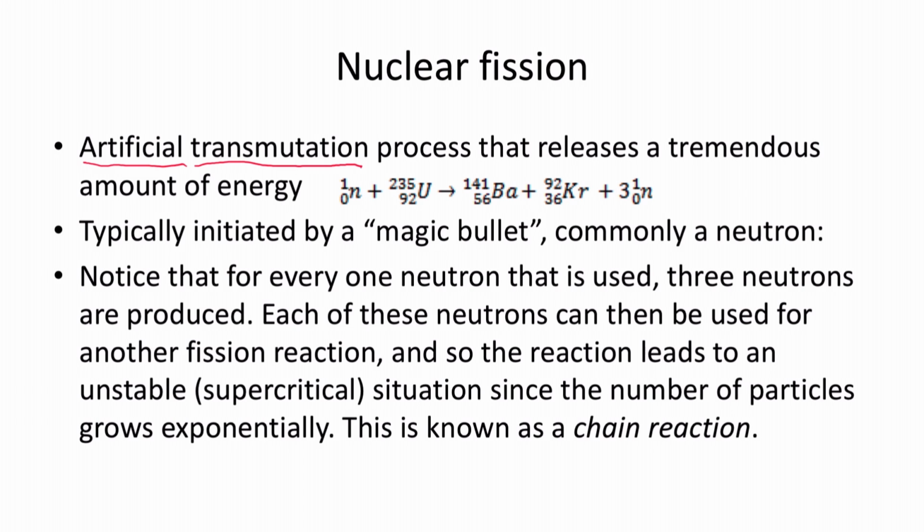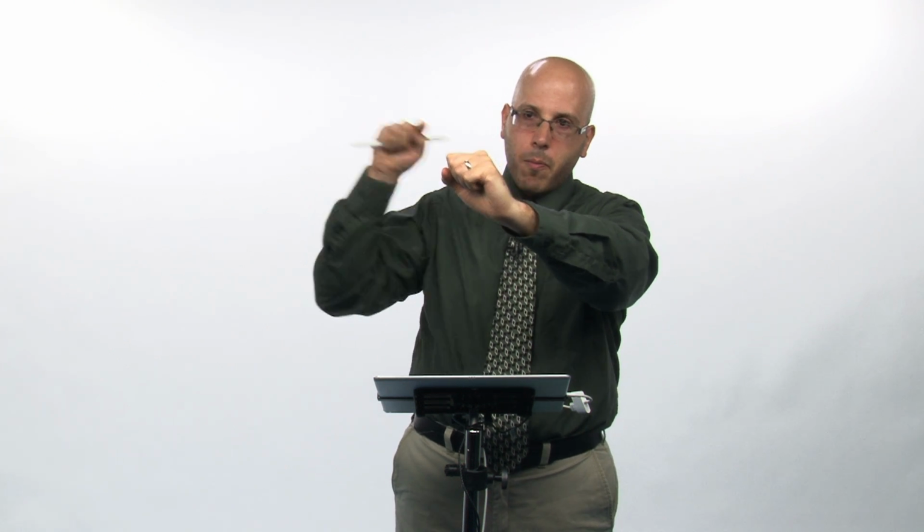Okay, you get your hands on some kind of element that is fissionable, that can create fission. For example, certain isotopes of uranium, like uranium-235. And you take your big uranium-235 nucleus and you hit it with a neutron. Okay, so the neutron that's hitting it is being called a magic bullet.